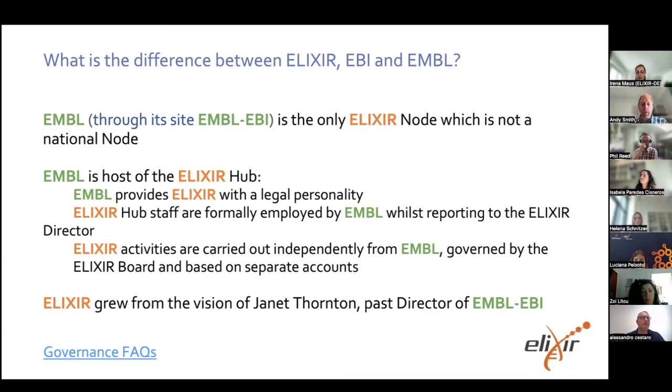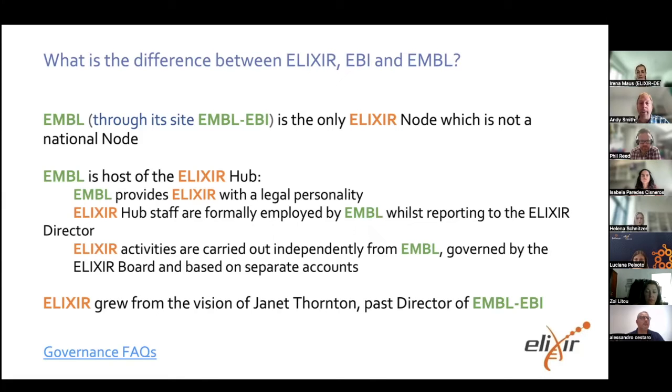And then for those of you who have been involved in or who might be aware of the history of Elixir, you might know that Dame Professor Janet Thornton originated the concept of Elixir, including with partners, when she was the director of EBI. This is probably about 15 years ago now, and it was really done because it was impossible for any one organization to manage the data deluge.